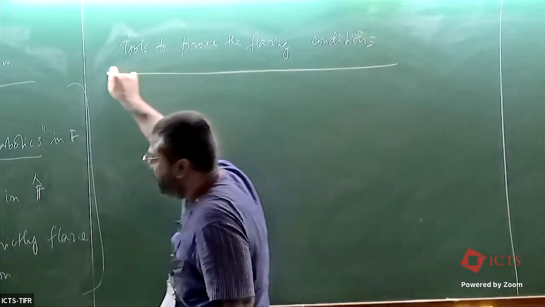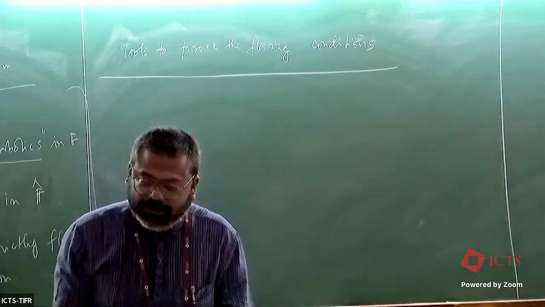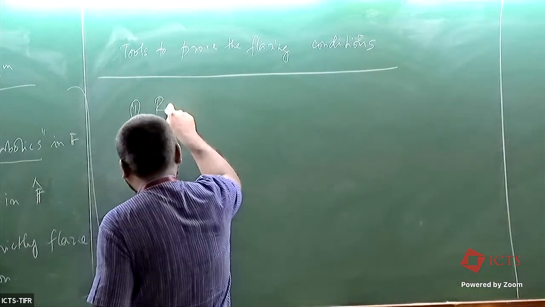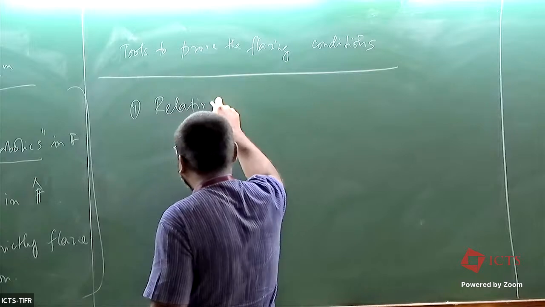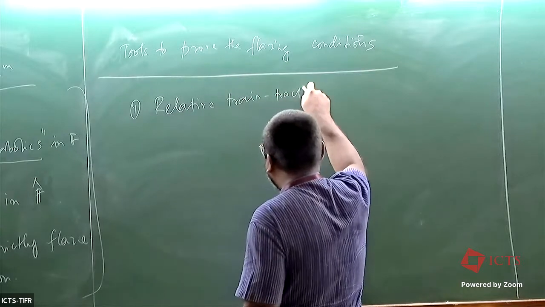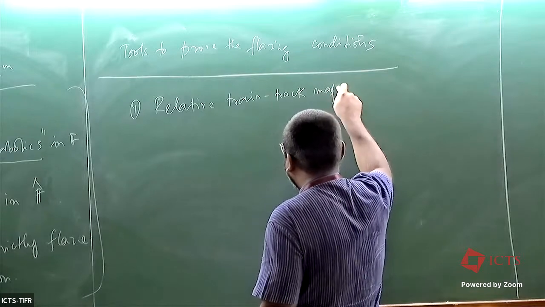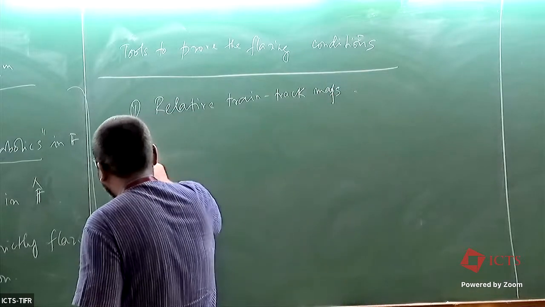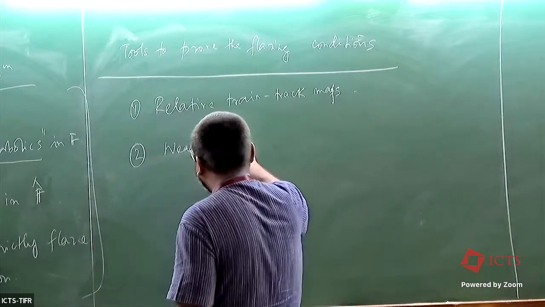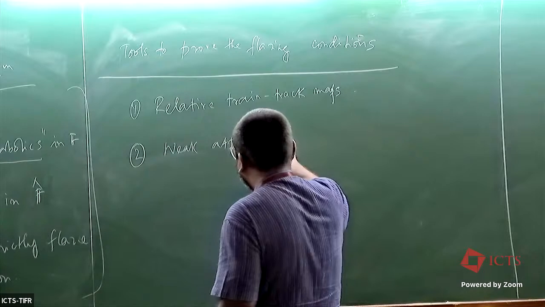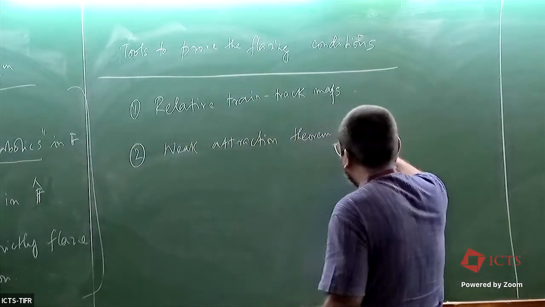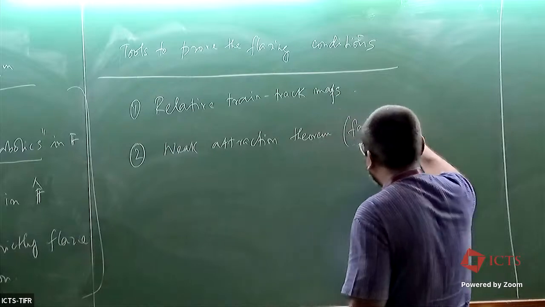So what tools do we have to prove the flaring conditions? First is the train track maps, relative train track maps. Second one is the weak attraction theorem for attracting laminations.